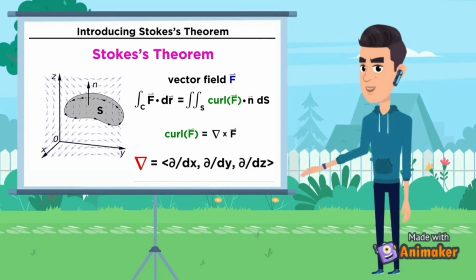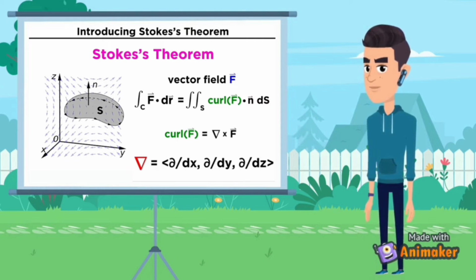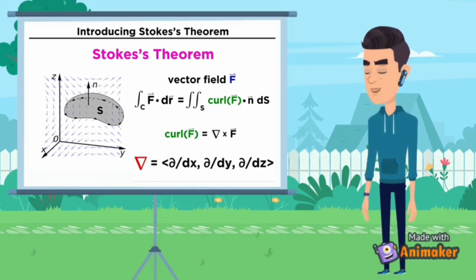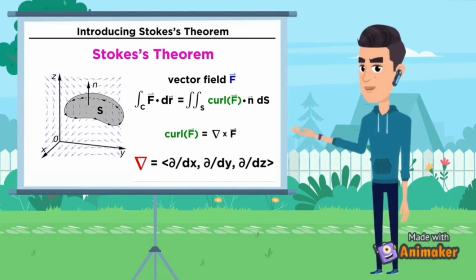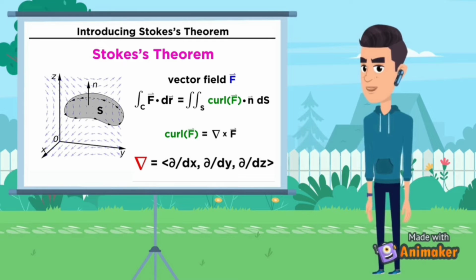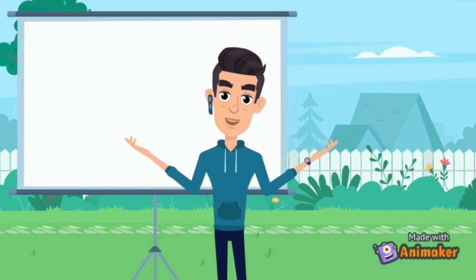While we can use Stokes theorem to calculate the line integral, it can also be used in reverse if we want to find the surface integral of a curl and the boundary is simple enough to calculate. Now, let's see some examples of Stokes theorem.